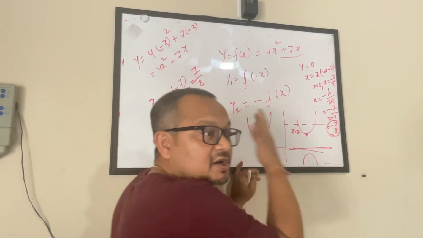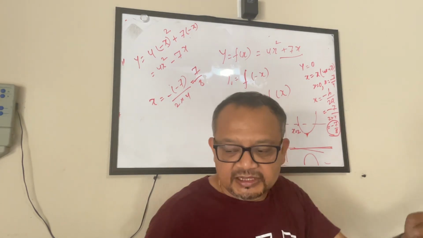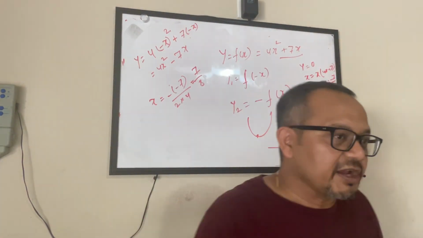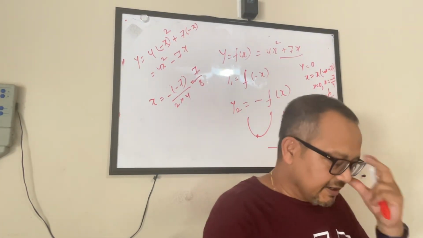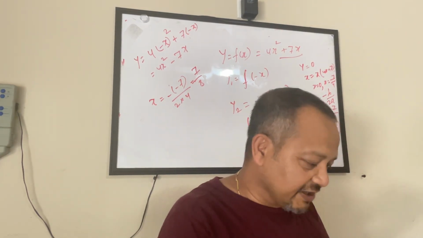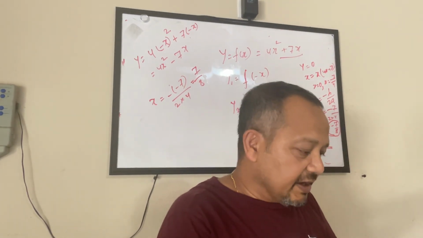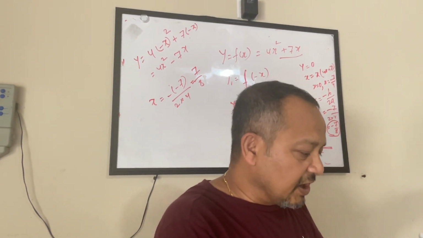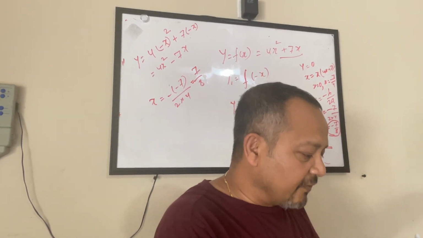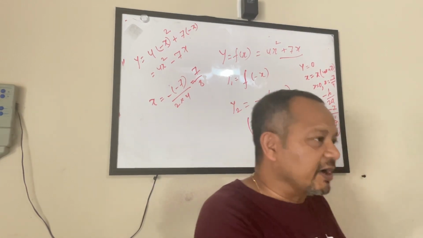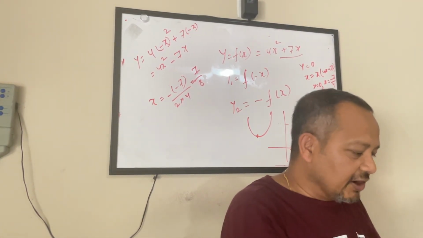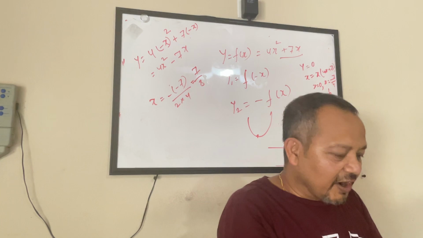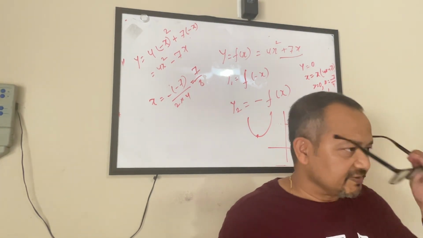That is exactly what we have in the message that I sent to you guys. The graph of y equals f(minus x) is the graph of f reflected across the y-axis. Now let's look at the first one, when y equals minus f(x).